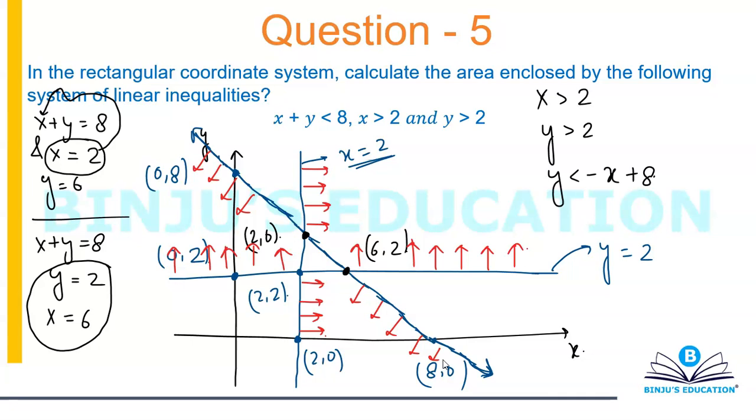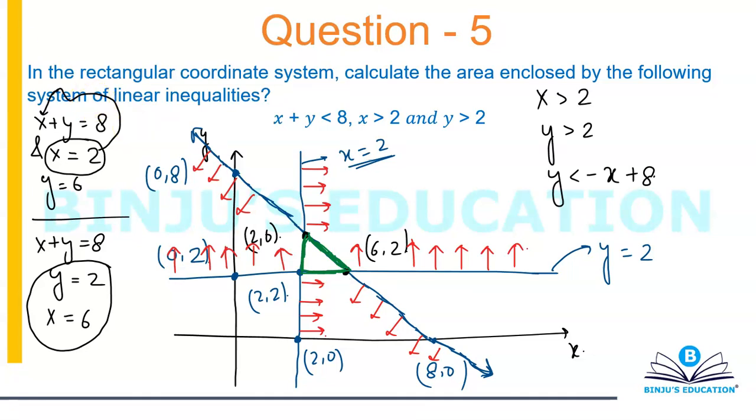Look carefully, and you would realize that this triangle here comes out to be the common region, because this triangle lies to the right of x is equal to 2, it lies above y is equal to 2, and it lies below x plus y is equal to 8. So the question is, I want to calculate the area enclosed. Basically I want the area of this triangle.